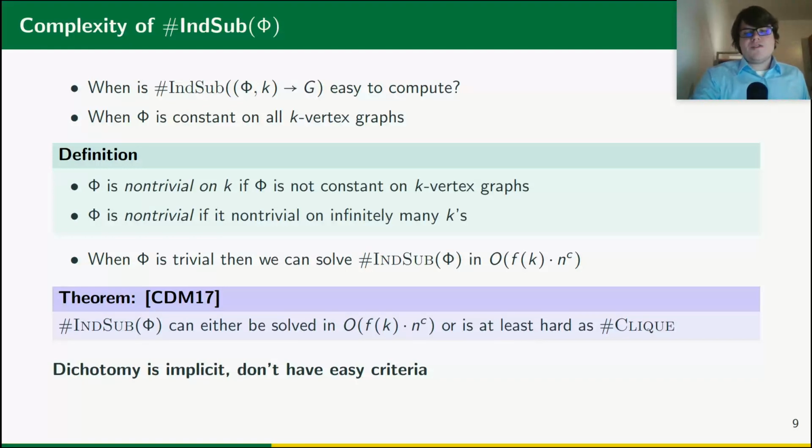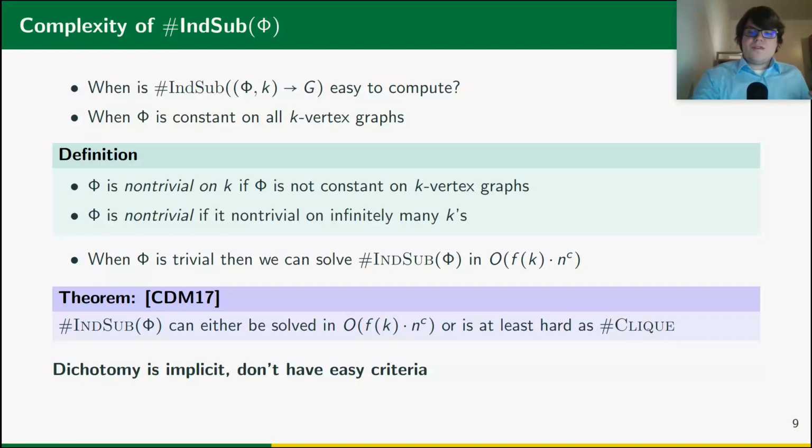So we have a direct dichotomy result, which basically splits this #Sub(phi) problem into two classes of problems, namely easy problems and hard problems. The problem with this dichotomy result is that it's very implicit, and we don't have an easy criterion to decide for which properties phi this #Sub(phi) problem actually becomes hard, and for which properties phi this problem is actually easy.